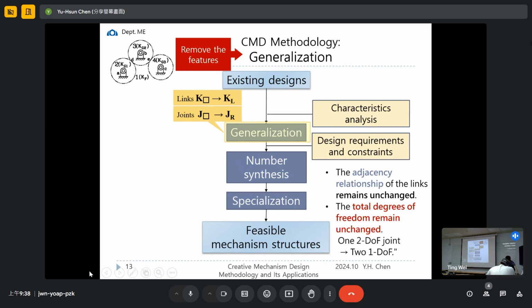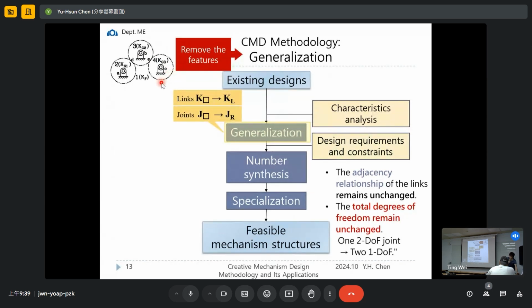Okay, so here if we name the fixed frame as link number 1, links number 2, 3, and 4 are the 3 gears. And we can see links 2 and 3 engage each other, and 3 and 4 also engage with each other. How can we generalize?